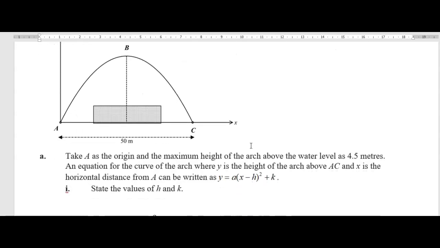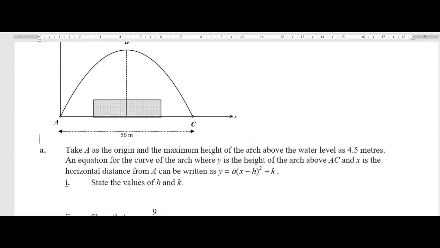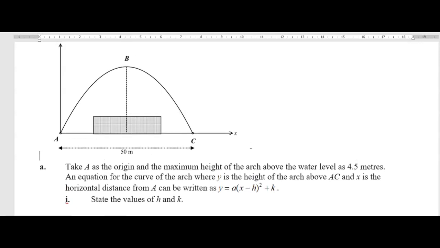Take A as the origin and the maximum height of the arch above the water is 4.5 meters, which is here. So that's 4.5. This is 0.